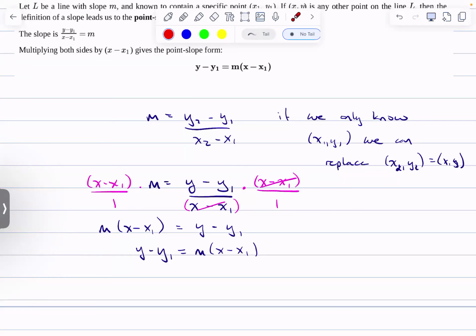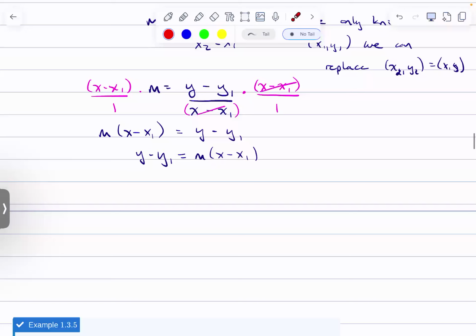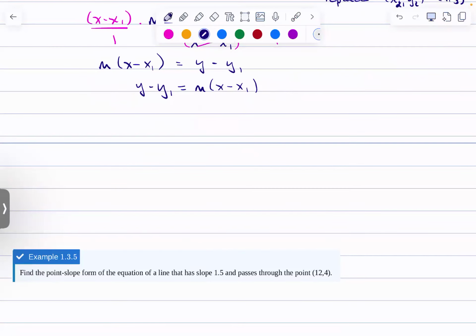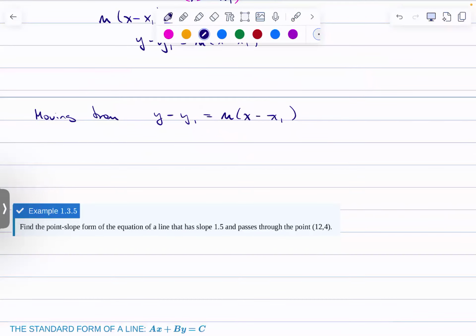So now, a little bit more work. Moving from y minus y1 is equal to m times x minus x1 to y equals mx plus b.